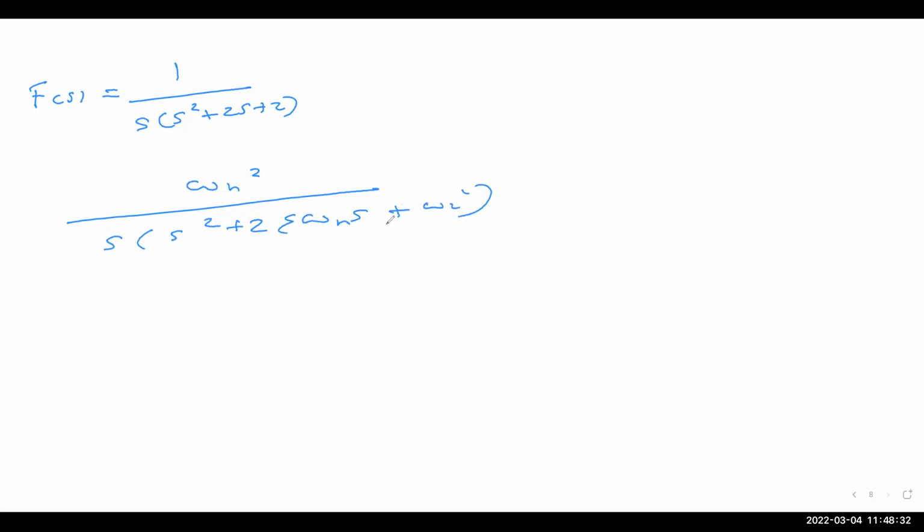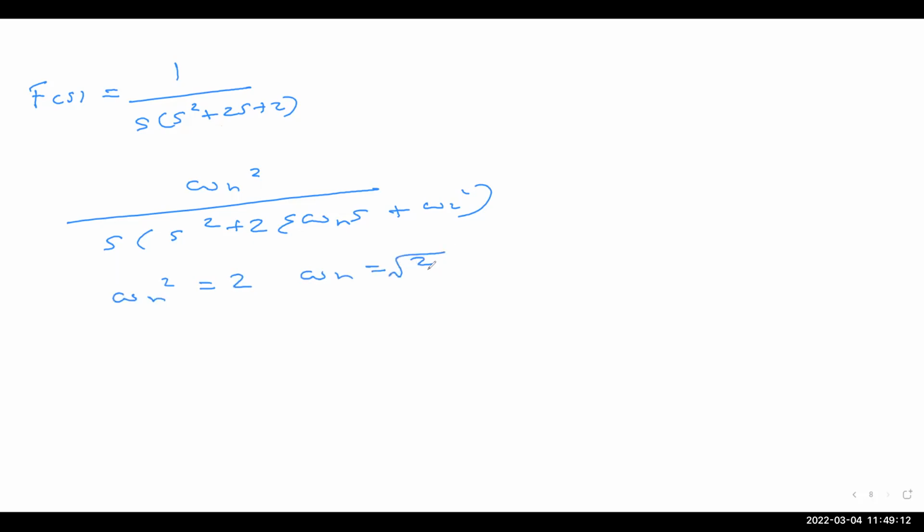The denominator is almost sorted: we got s squared, 2s, and 2. So omega n squared is equal to 2, so omega n is the square root of 2.